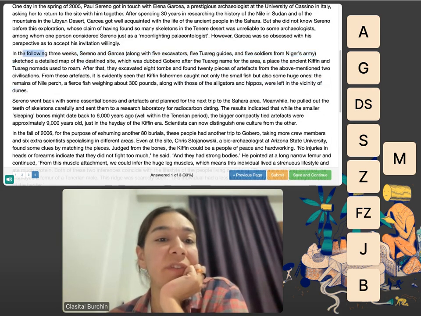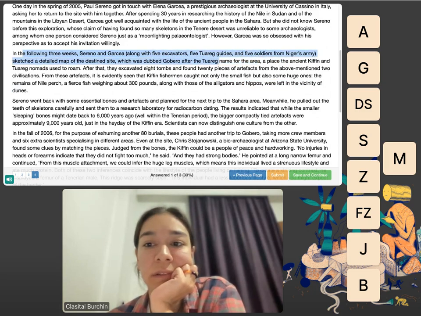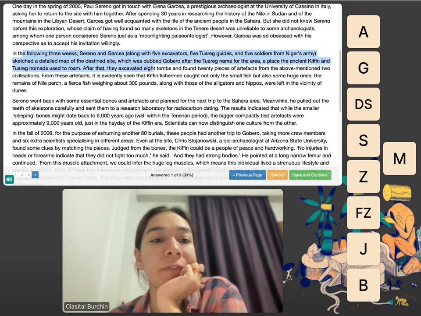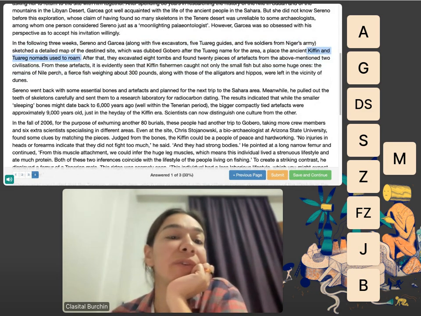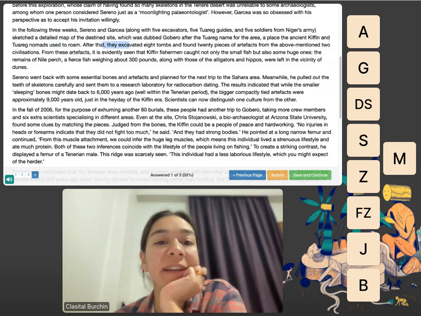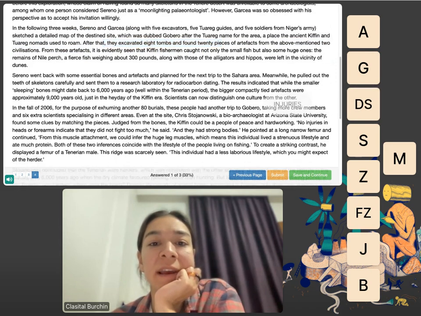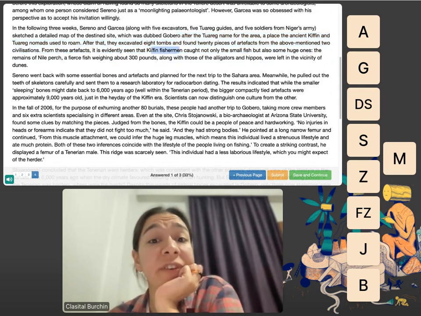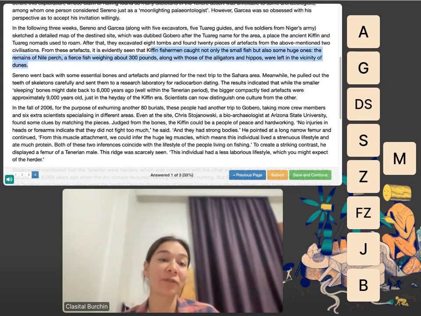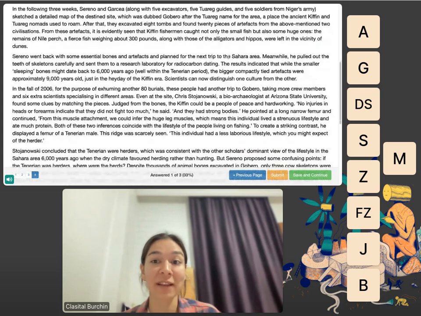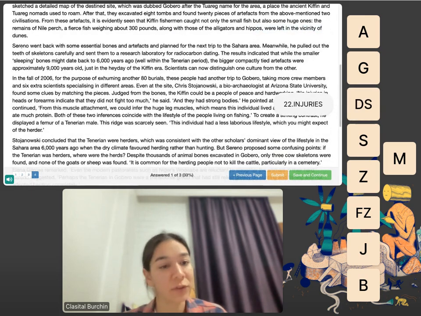In the following 3 weeks, Sereno and Garcia detailed the site, which was a nickname for the area, a place the ancient Kiffin and Tuareg nomads used to roam. After that they excavated 8 tombs and 20 pieces of. Kiffin fishermen caught not only small fish but also some huge ones. The remains of Nile perch, a fierce fish weighing about 300 pounds, along with those of the alligator and hippos, were left in the vicinity of dunes.